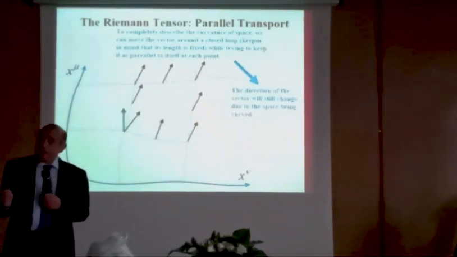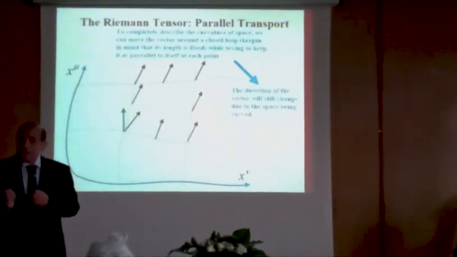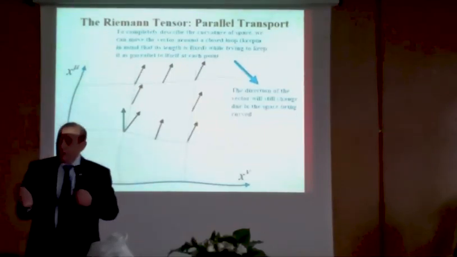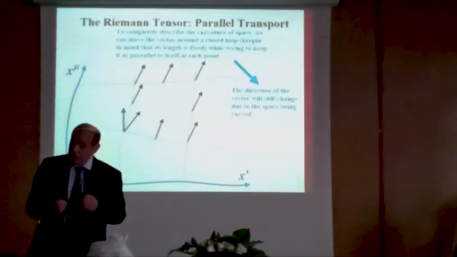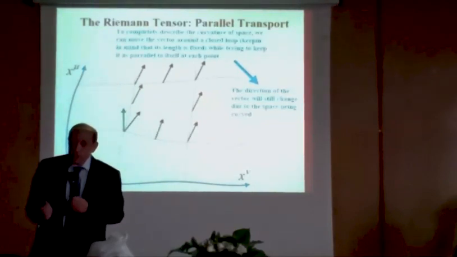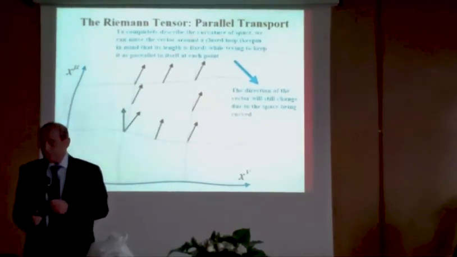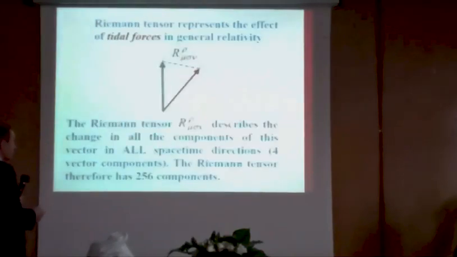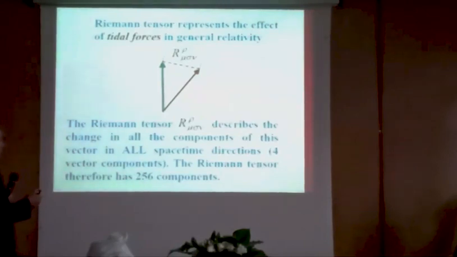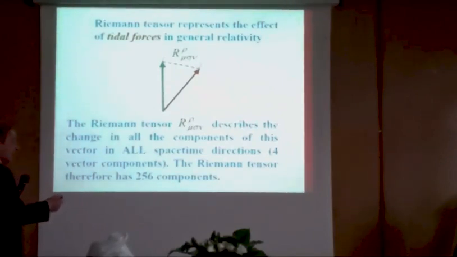So the amount of deviation of the vector from its original status depends on the curvature of space-time. Therefore, this quantity here, which is the Riemann tensor, is an expression of how much this vector will change when I move it on a curved space-time.